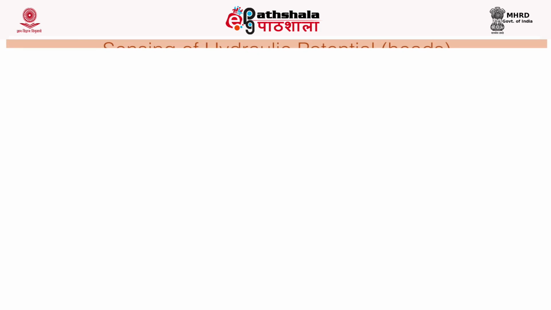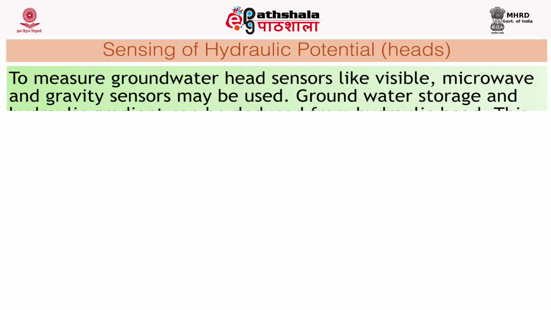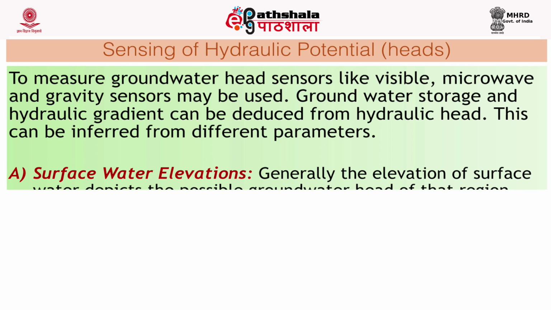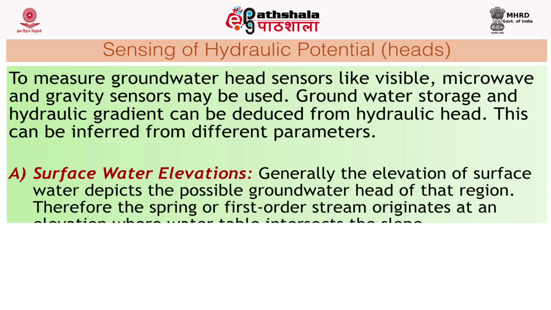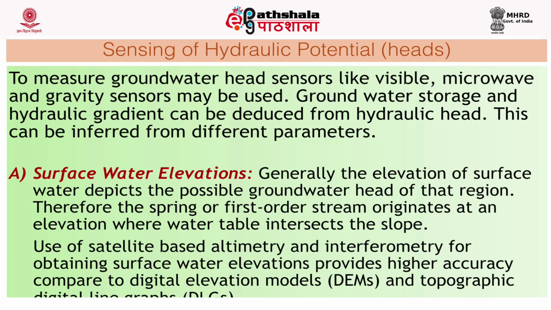To measure groundwater head, sensors like visible, microwave and gravity sensors may be used. Groundwater storage and hydraulic gradient can be deduced from the hydraulic head. This can be inferred from different parameters. The first one we will discuss is surface water elevation. Generally, the elevation of surface water depicts the possible groundwater head of that region.